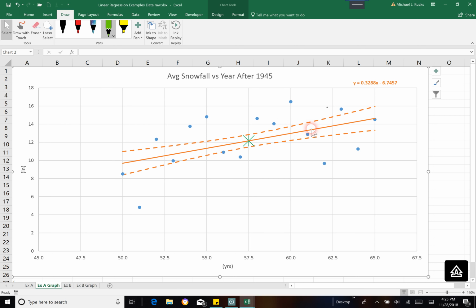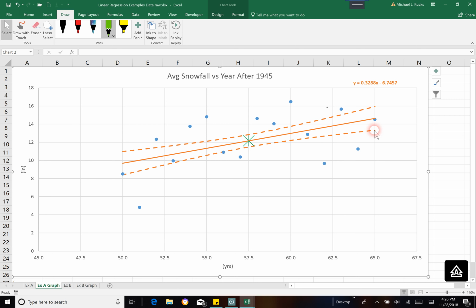As you can see, if I go out to this point out here, 2010, the fluctuation is bigger. The uncertainty is bigger. And I would have a larger confidence interval to get the same confidence level. To keep at the 70% confidence, I would have to have a bigger confidence interval because the distance between these dashed lines is bigger.